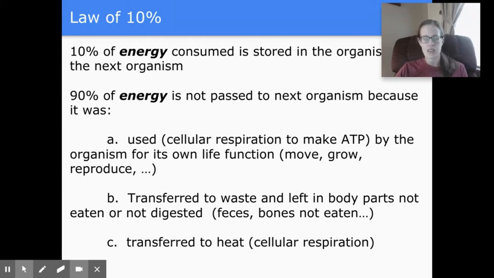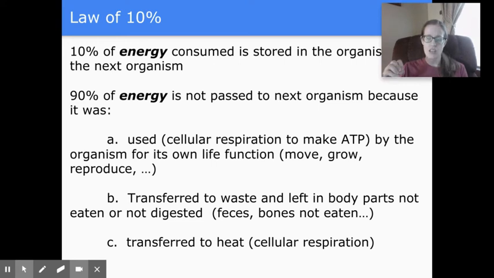And then some of it you just don't eat in the first place. Like you don't eat the bones, you don't eat the feathers of a turkey, you don't eat the feet, you don't eat the head. So there's a lot of it that you just don't eat in the first place, and then some of the rest of it, you can't actually break down, so it goes into your poop.